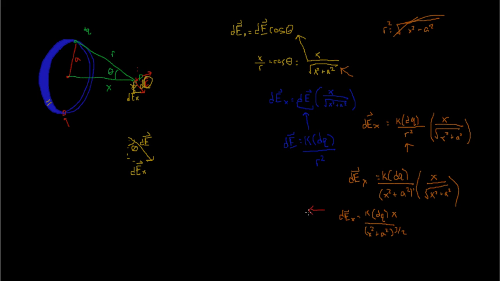So now if we integrate both sides, we get the integral of dE in the x direction, all E in the x direction, with respect to q, because it is a charge, or an electrical field vector based on the charge, is going to be equal to the integral of all of this. Okay, so you're just integrating both sides.